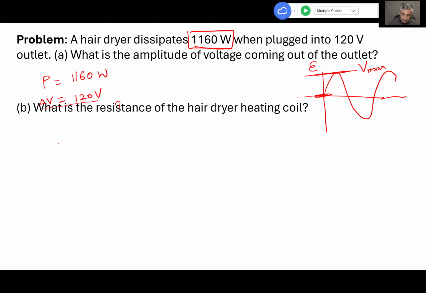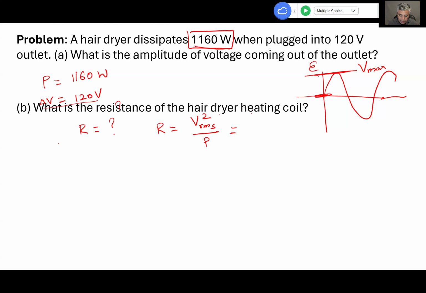So now what is R? And remember, the formula we wrote worked for the RMS values, so we don't use the peak value for that. So R is V RMS squared over power. Hopefully I wrote this formula correctly.